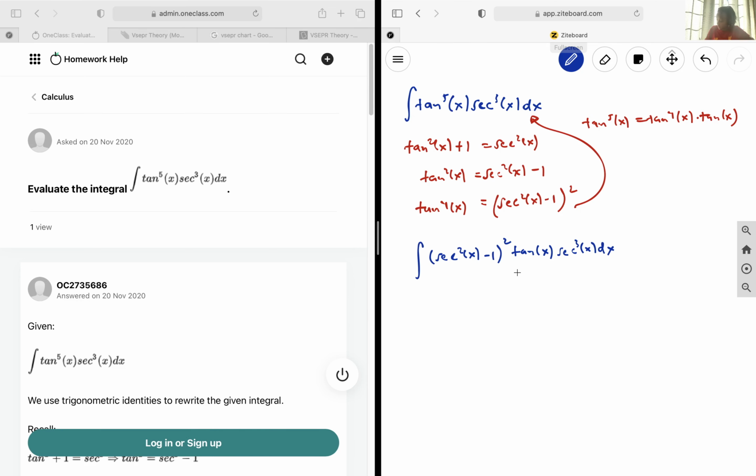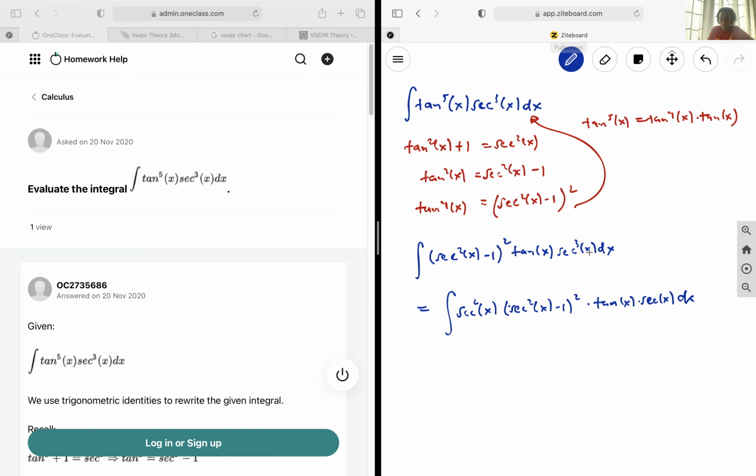Yeah. And so we just need to note that this can also be simplified by taking it as secant squared x into secant squared x minus 1 squared, that multiplied by tan x by secant x dx.